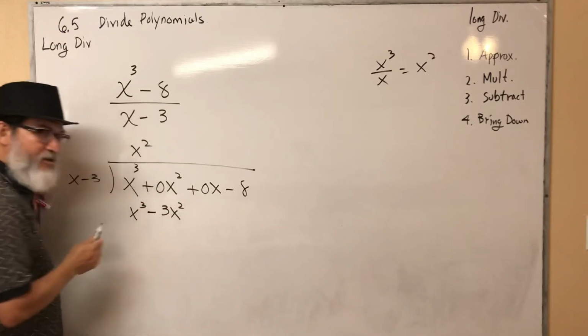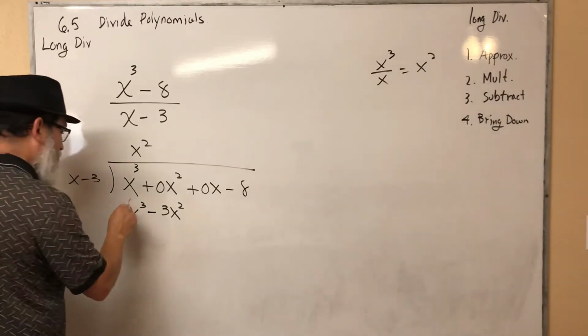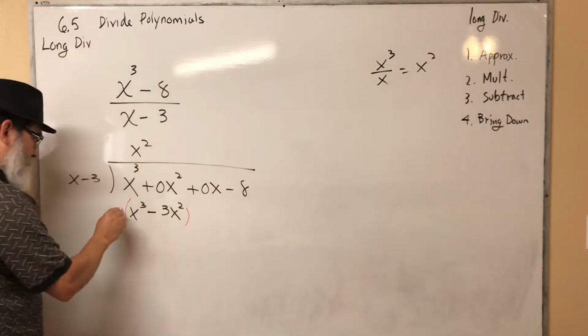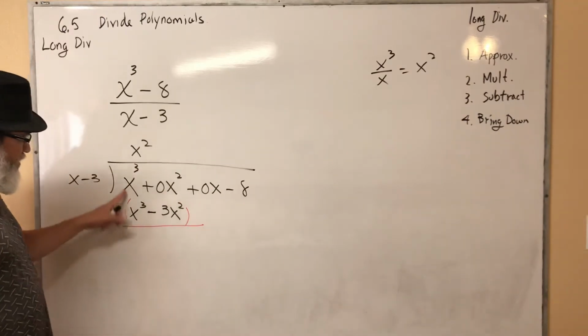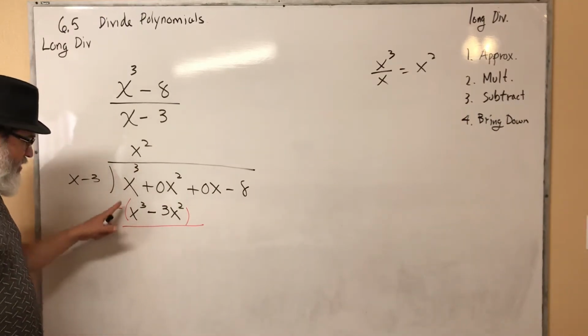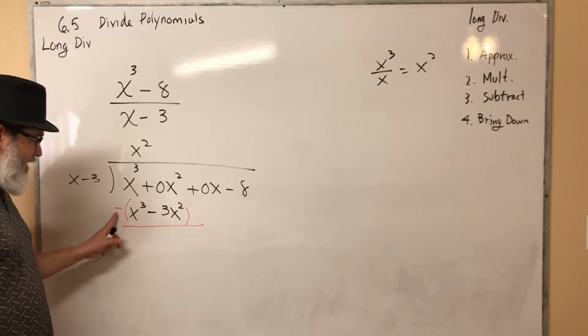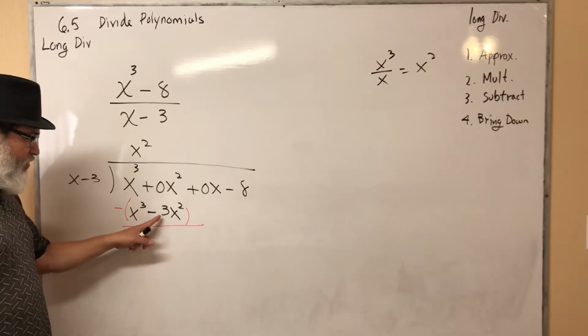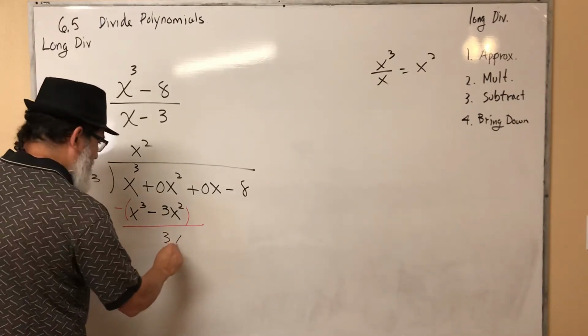Below this one, look. And now we're going to subtract. This becomes 0, because this becomes negative, and negative x cubed plus x cubed is 0, and this becomes positive, and 3x squared plus 0x squared is 3x squared.